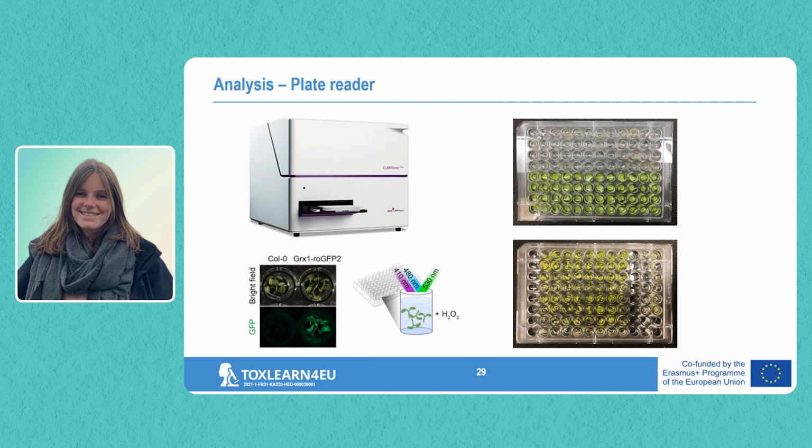But of course, if you have this one tiny seedling that's stuck to the side of the well, then it won't measure much fluorescence. So it's always good to fill the well until it's relatively full. Of course, you also don't want to put 20 seedlings in there because then the plants will just get stressed from being squeezed. But it's always good to have several to get the best possible readout.